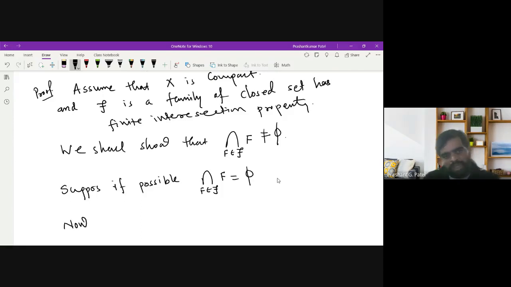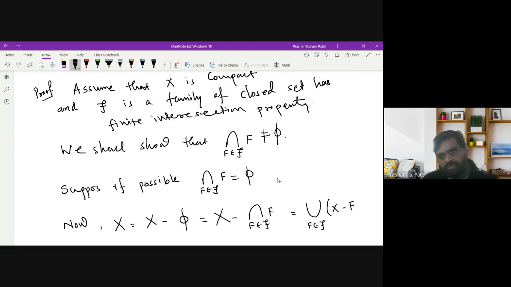Now we start with X. X I can write as X minus the empty set, but the empty set is this intersection, so I can put this value here. By using De Morgan's law, I can write this as the union over F belonging to script F of X minus F. If I want the intersection out, then it has to be a union.